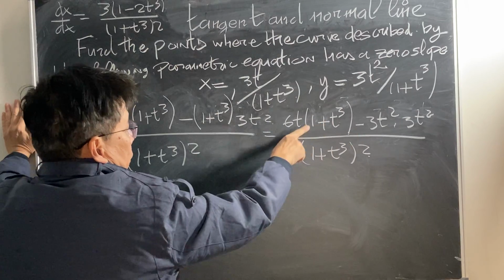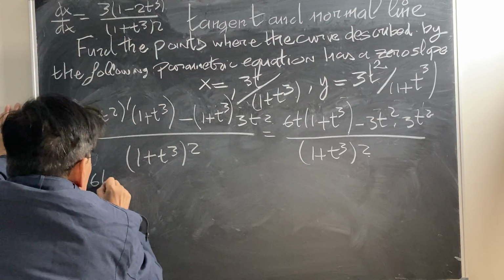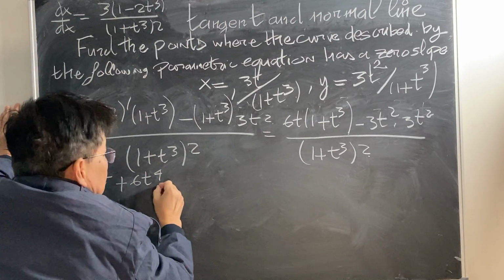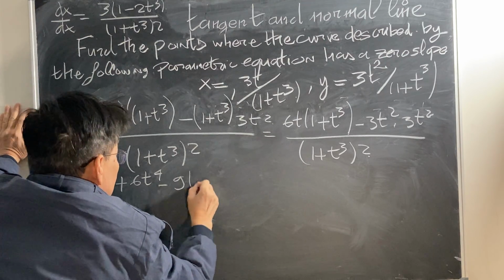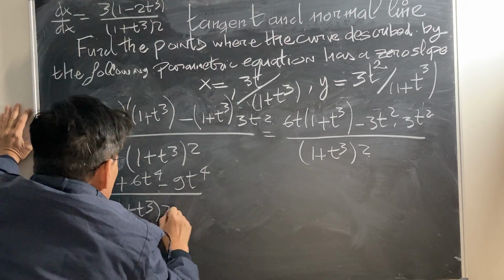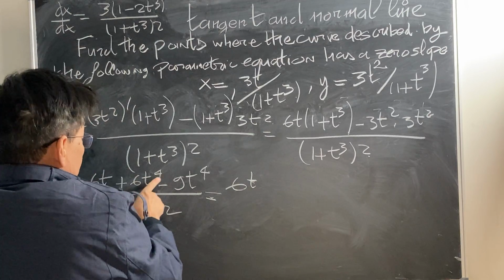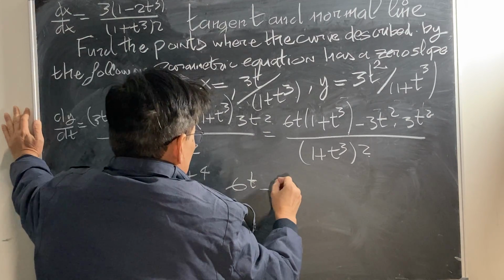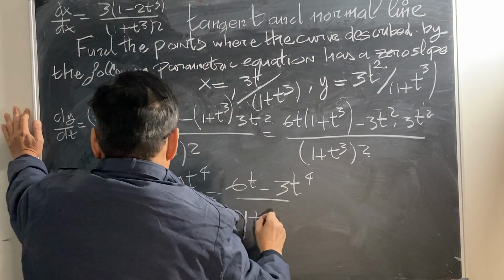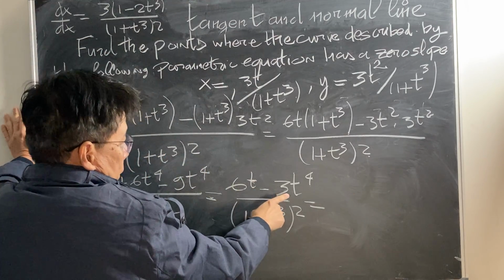We simplify this by multiplying it out, then dy over dt equals 6t plus 6t to the fourth, minus 9t to the fourth, divided by 1 plus t cubed the whole thing squared. So 6t, and 6t to the fourth minus 9t to the fourth equals minus 3t to the fourth, divided by 1 plus t cubed squared.